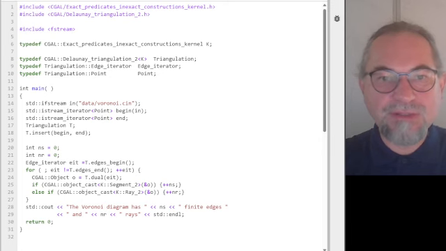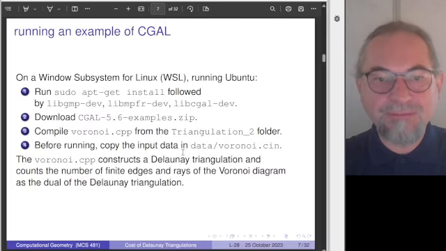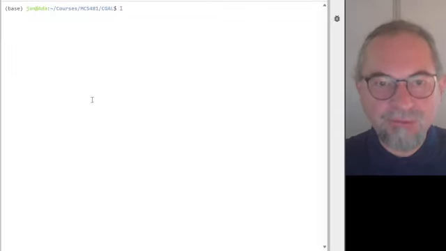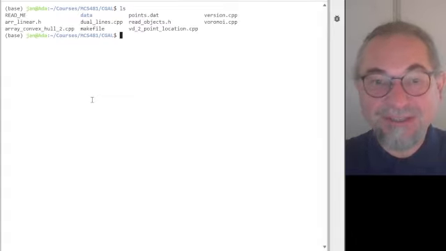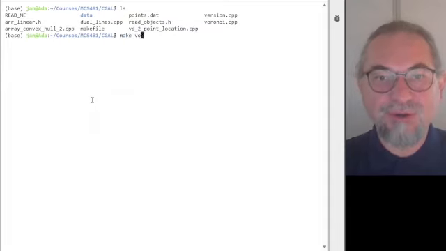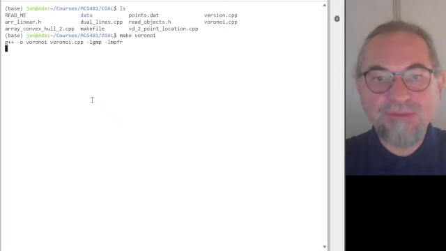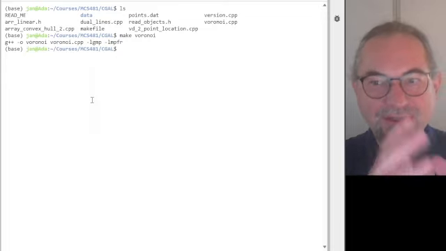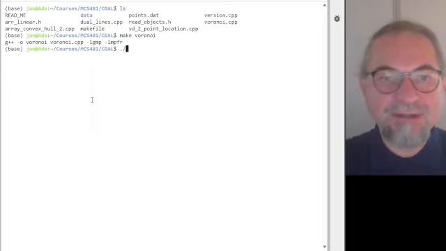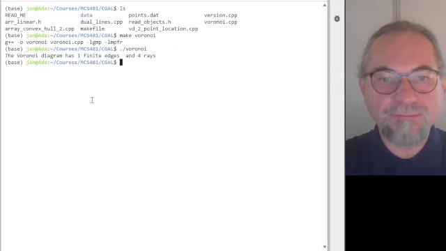So what I do is I copy the Voronoi in my folder. This folder where I'm currently in has our examples that I have tested during the course. I like to work with my own makefiles. Since everything is properly installed, I can use the system g++ and then run the code.